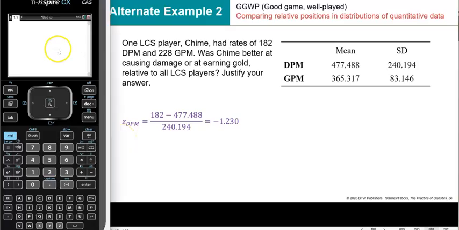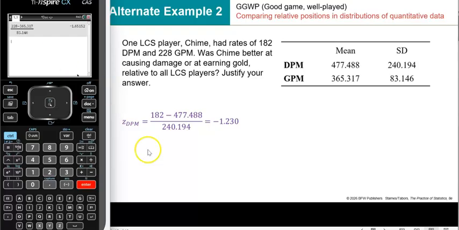So let's use our calculator to get this. Let's do a fraction in our calculator. His gold is 228, that's the sample, minus the mean for gold, GPMs, 365.317, all over the standard deviation for GPMs, which is 83.146.